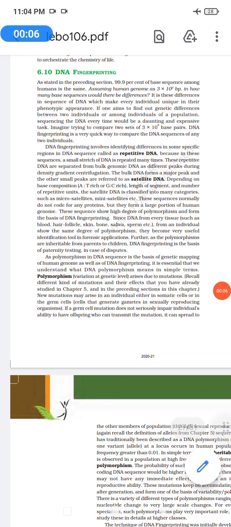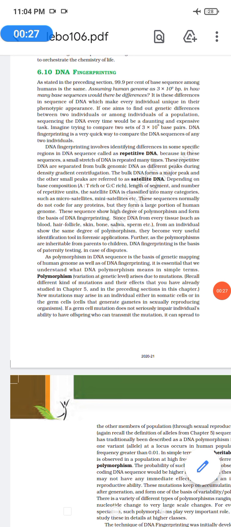So DNA fingerprinting basically identifies differences in some specific regions of the DNA sequence, which is repetitive DNA. Here there is a small stretch of DNA which is repeating many times.